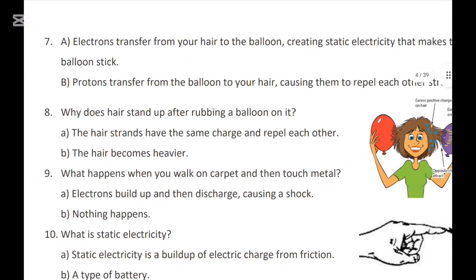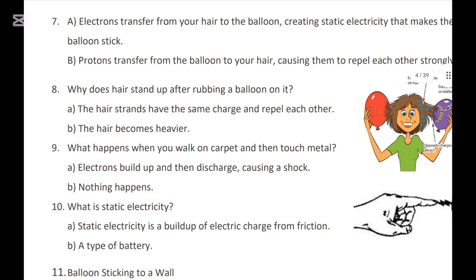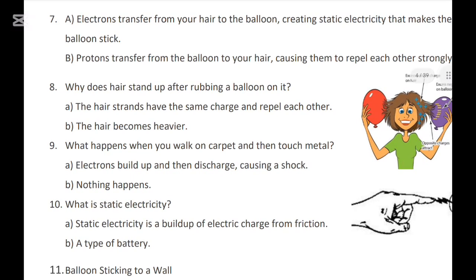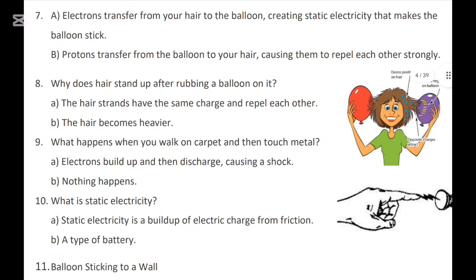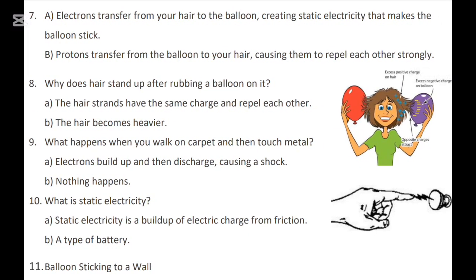If you want to do a little experiment: why does hair stand up after rubbing a balloon on it? A. The hair strands have the same charge and repel each other. B. The hair becomes heavier. The answer is A. The hair strands have the same charge and repel.